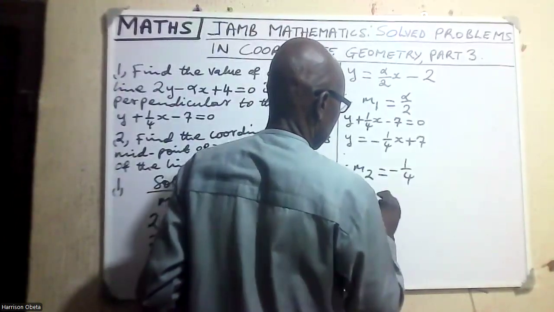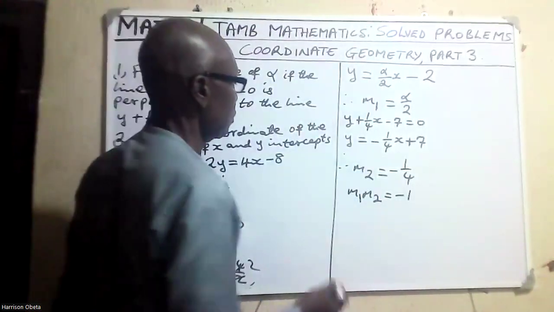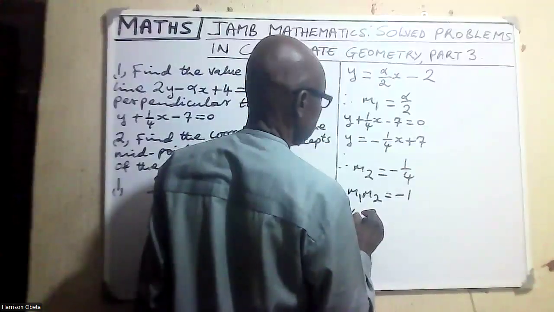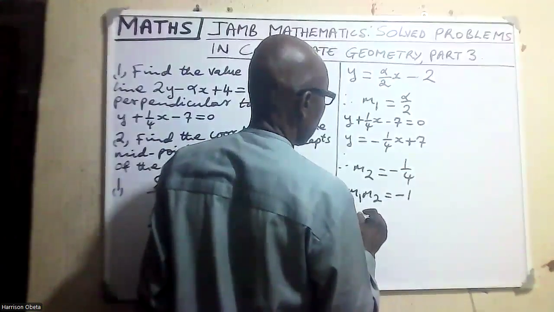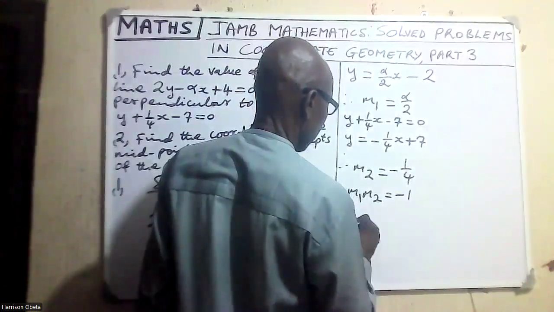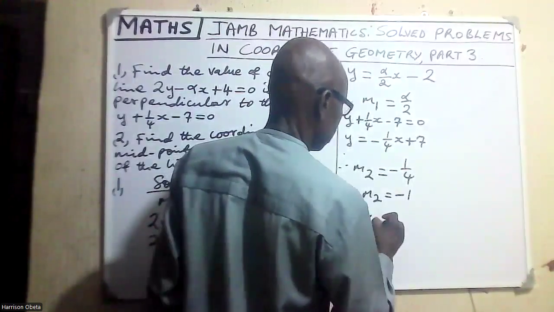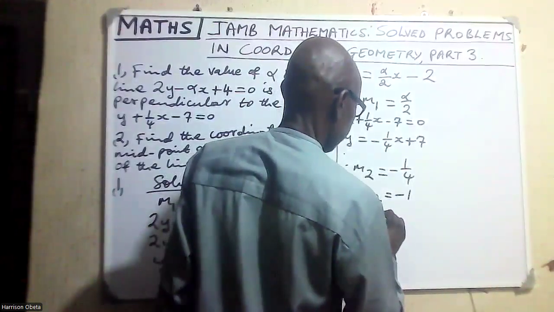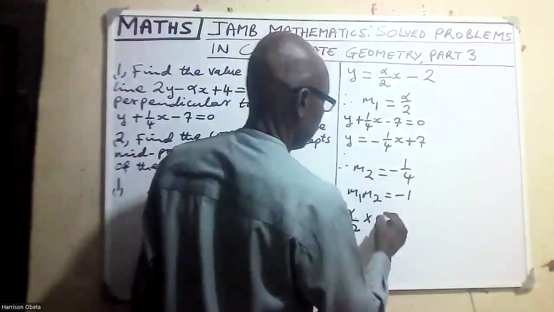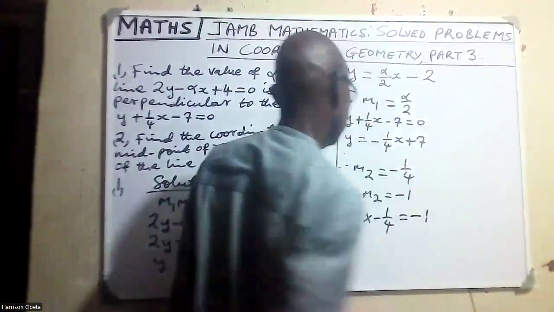Bringing together the values, alpha over 2 times m2, which is minus 1 over 4, equal to minus 1.